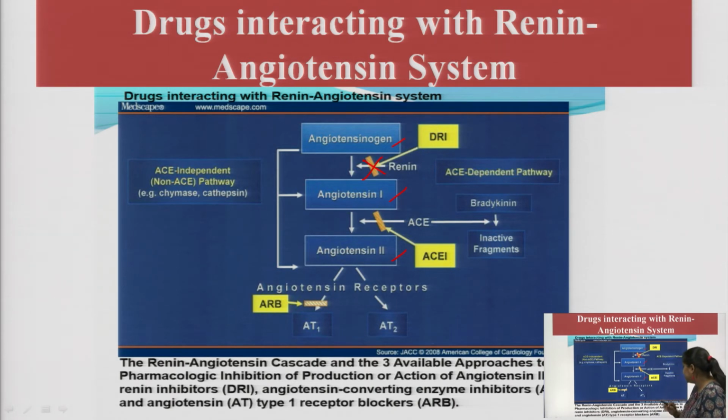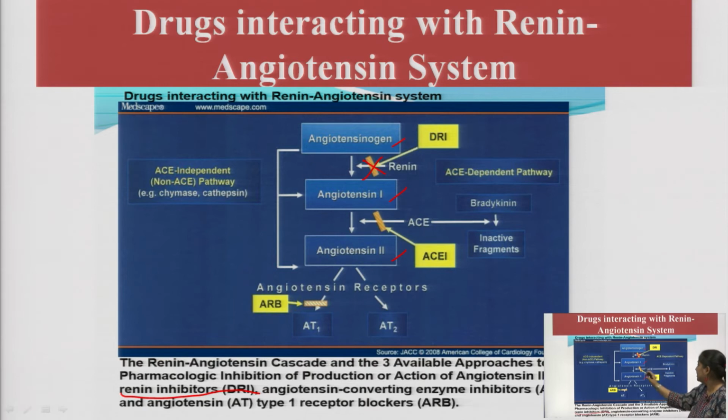What are DRIs here? DRIs are direct renin inhibitors. That means we need to inhibit the renin system here. Then in the second part, the conversion of angiotensin 1 into angiotensin 2, what happens here? Here the bradykinin is converted into inactive fragments, and the ACE is working.